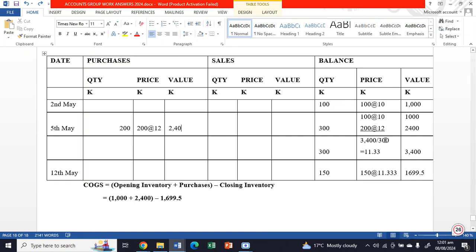So the total cost 3,400 divided by the number of units 300. So 3,400 divided by 300, 11.33. This is the average cost of the goods.